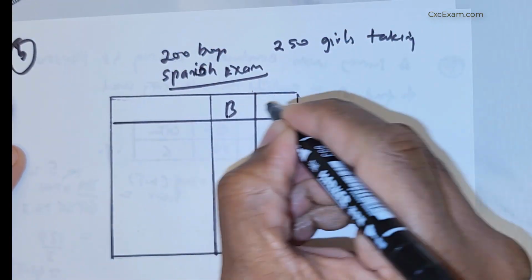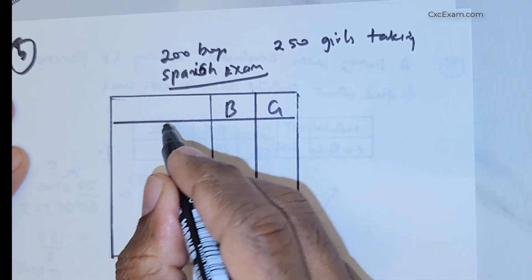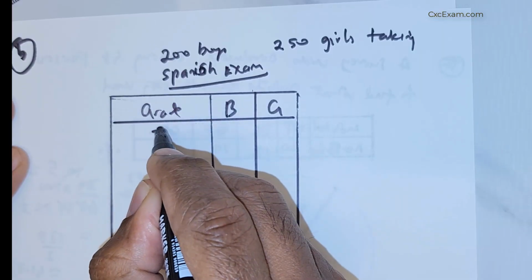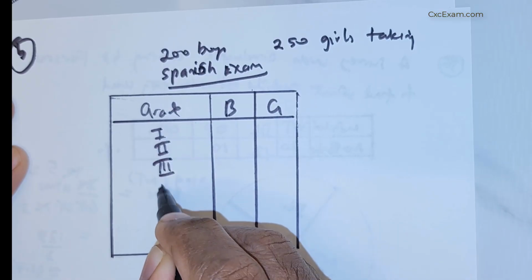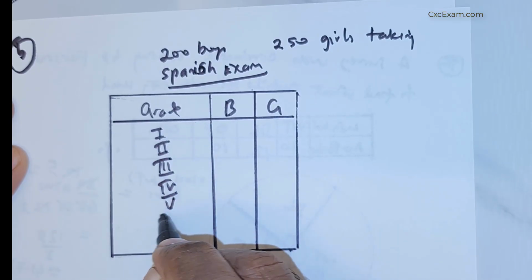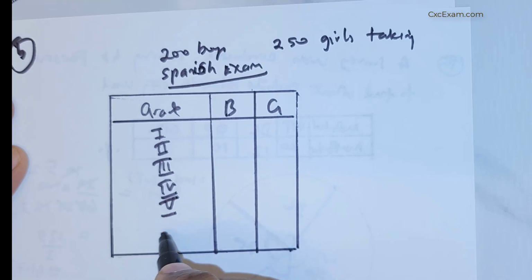So you have boys and girls. So this is the grade distribution: grade 1, grade 2, grade 3, grade 4, grade 5, the total and standard deviation.